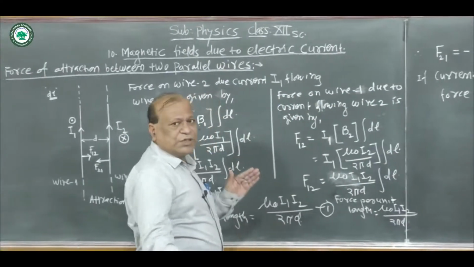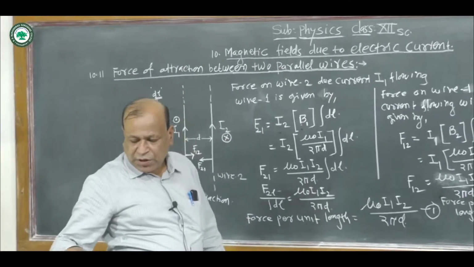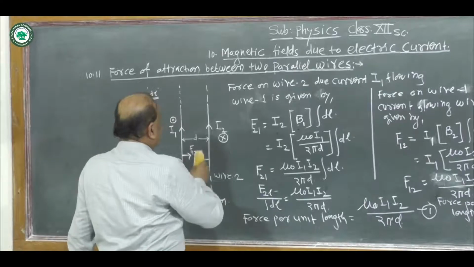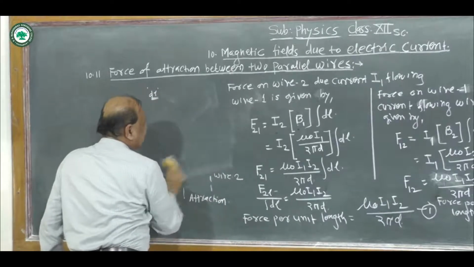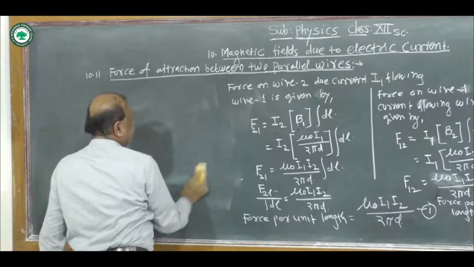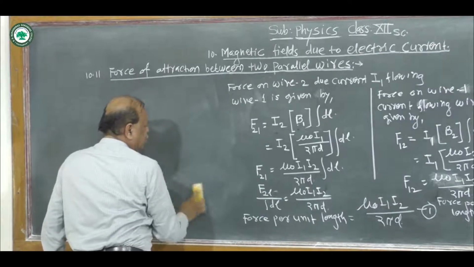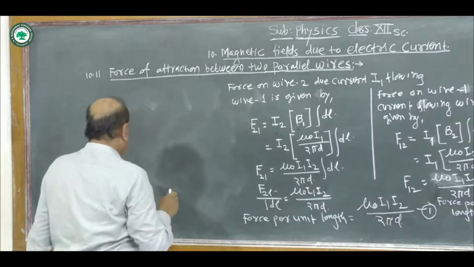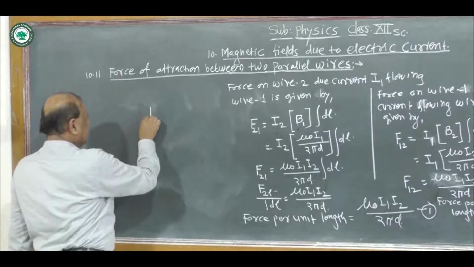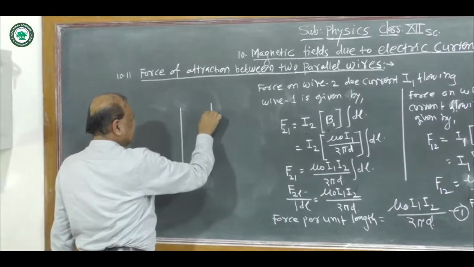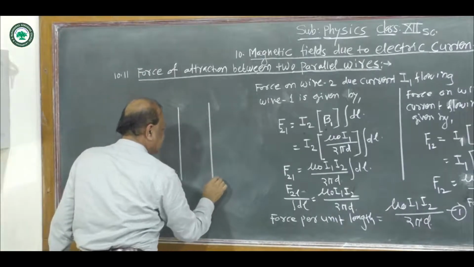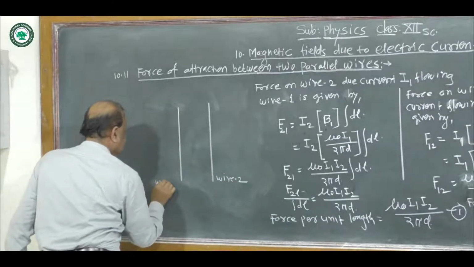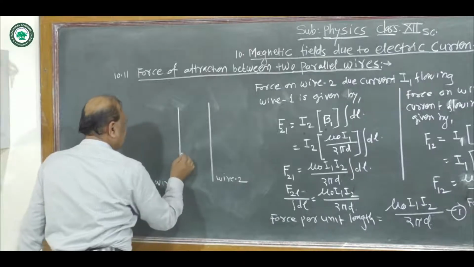Now we consider another case, that currents are anti-parallel here. Currents flowing through these conductors are anti-parallel, meaning their directions are like this. Suppose we consider these two wires. This is wire 2 and this is wire 1.